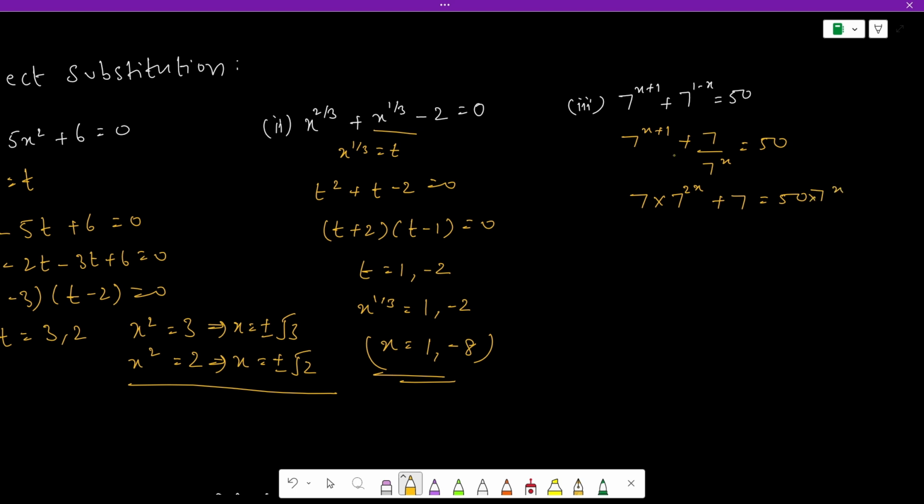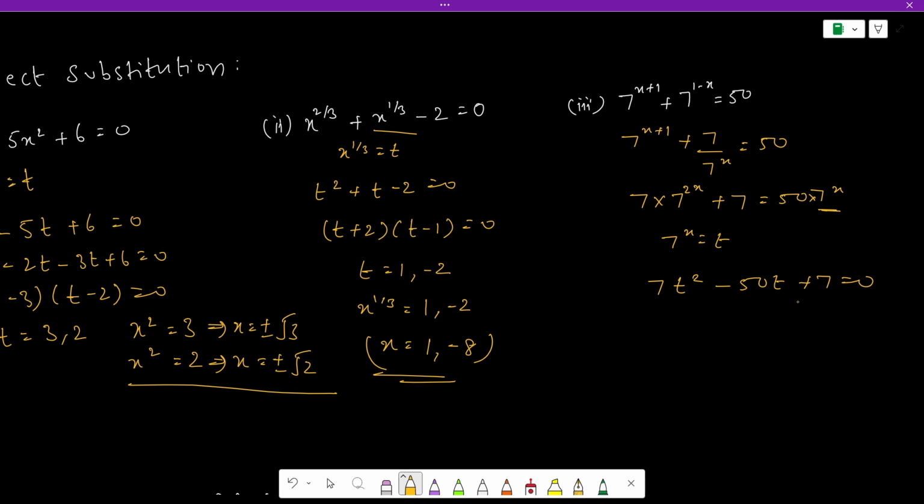So I have taken the LCM and also transposed the 7 raised to the power x to the right hand side. Now here we can take 7 raised to the power x as t. So 7 raised to the power x equals t. So this becomes 7t squared minus 50t plus 7 equals 0.